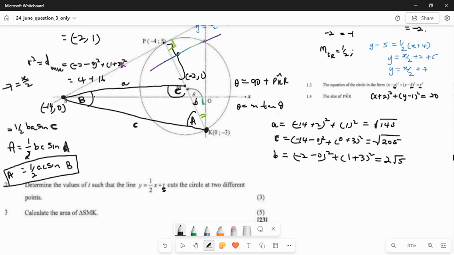Now our cosine rule to find our angle, let me just pause the recording a bit, there's noise.